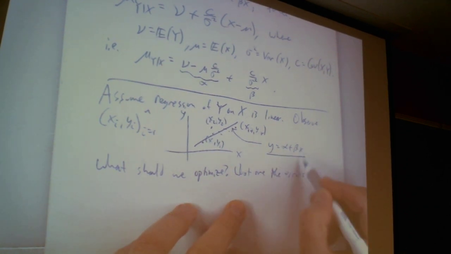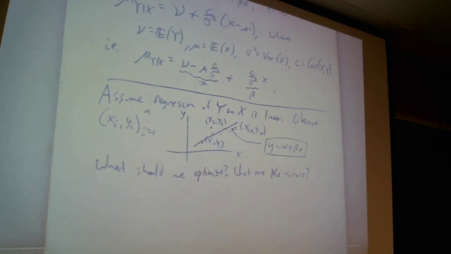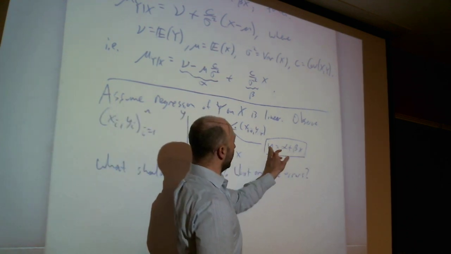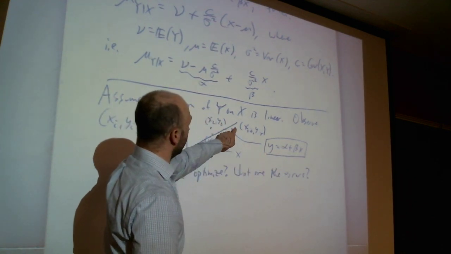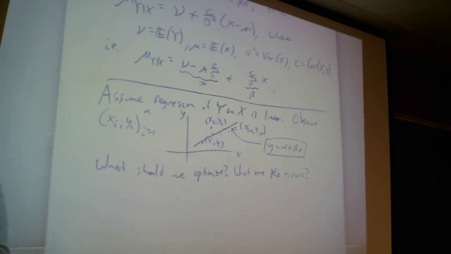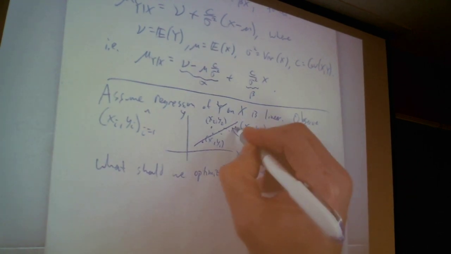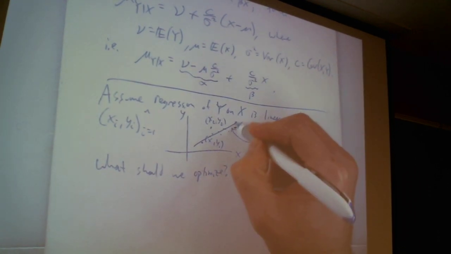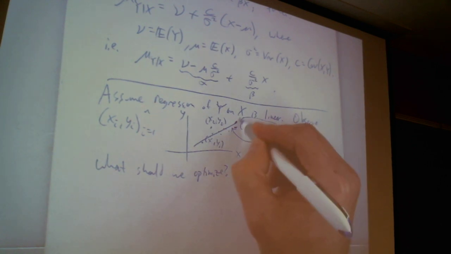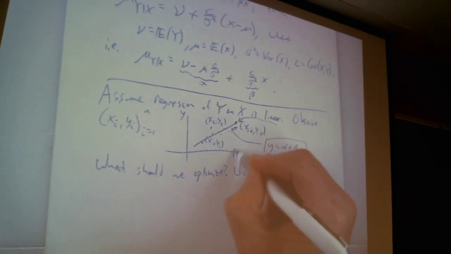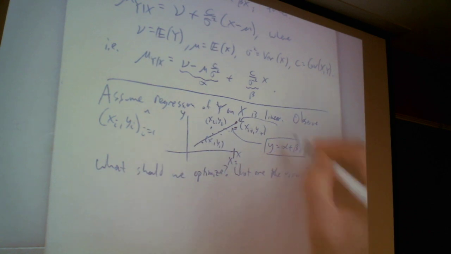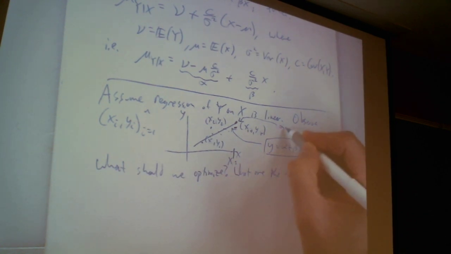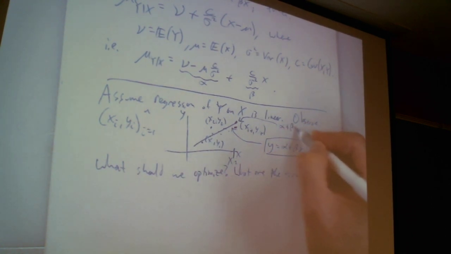So if the true equation is this, if the line really is this relationship, then let's look at this particular point, x17, y17. Here's a point. Well, the line says it should be this point. What should that point be? The value here is whatever the x value is, x17. The true value should be alpha plus beta times x17.